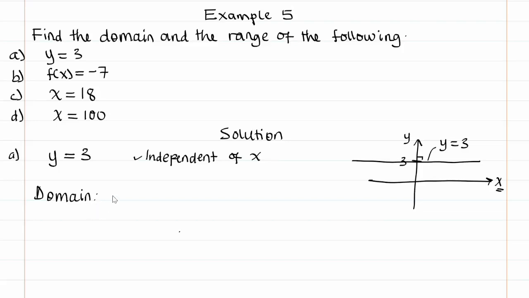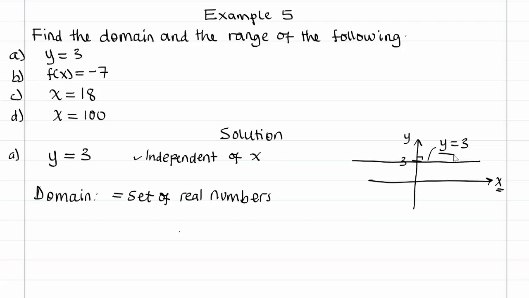is going to be a set of real numbers, because for any value of x that we substitute in this equation, the output value of y will always be 3. So changing the value of x along the x-axis does not affect the function y equals 3.